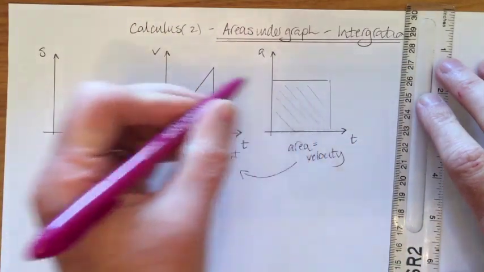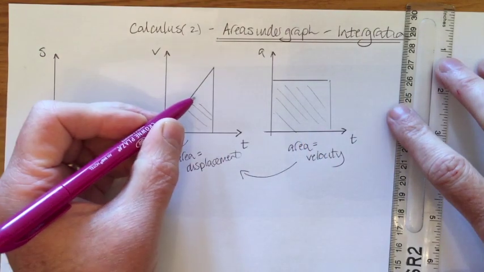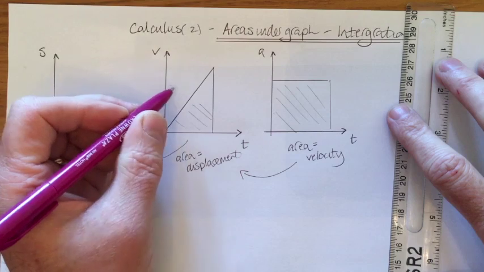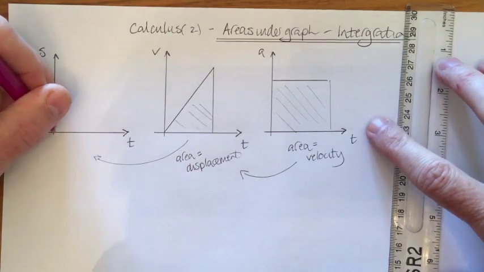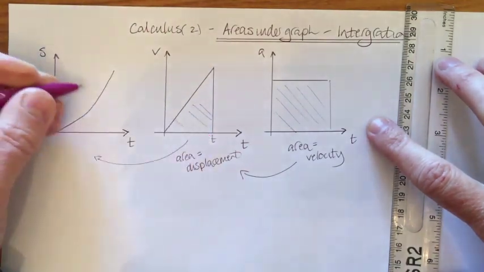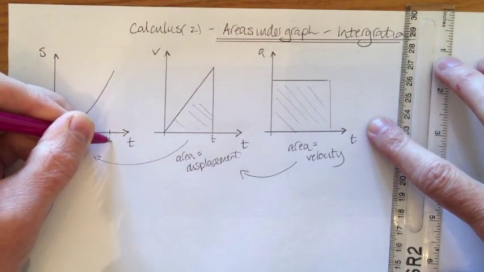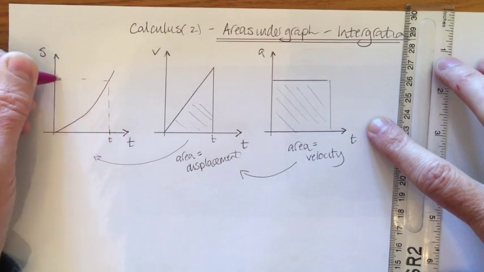So by integrating an acceleration time graph, you get the velocity at a certain point. By integrating the velocity time graph, you get the displacement to a point. So if we work out the area of that graph to a certain time, then we get the displacement of that object at that time.